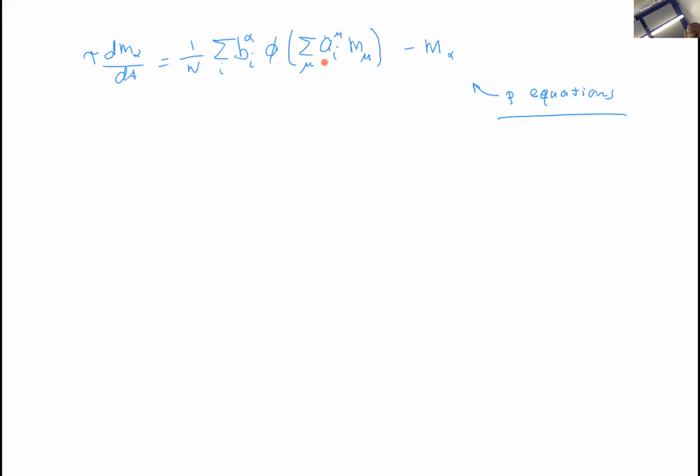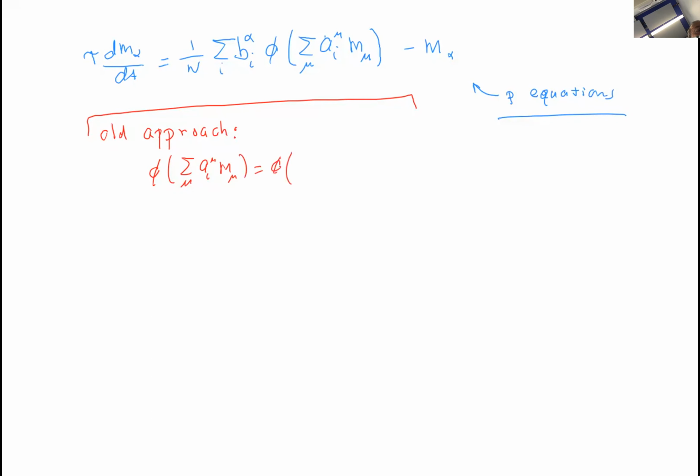So in the past, what did we used to do? Basically, I'm going to put some brackets here. Old approach. We let phi of the sum on mu of A_i^mu m_mu equal phi of A_i^alpha m_alpha plus the sum over mu not equal to alpha of A_i^mu m_mu, and then treat this as noise.